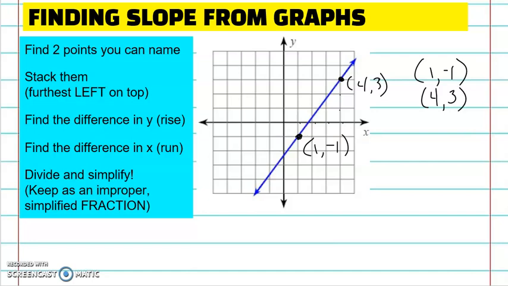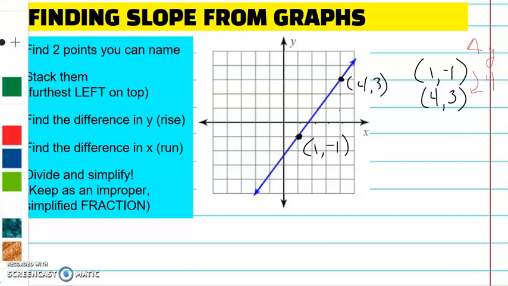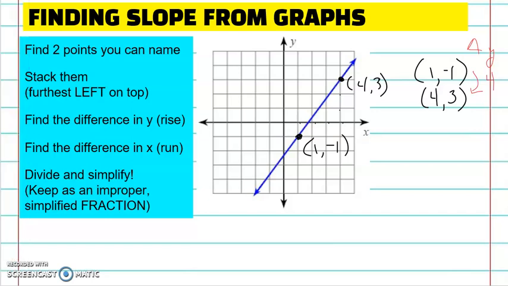This is a positive slope, so I'm already telling myself I should be positive. Make slope dude happy. Puff, puff, positive. Okay, -1 to 3. I went up 4. And then for my change in x, 1 to 4. Okay, 1 to 4, that's 3.